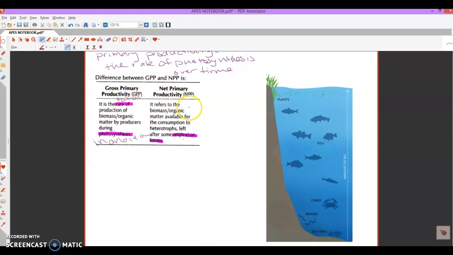So the net primary productivity is the rate of energy storage by plants after subtracting energy loss to respiration.